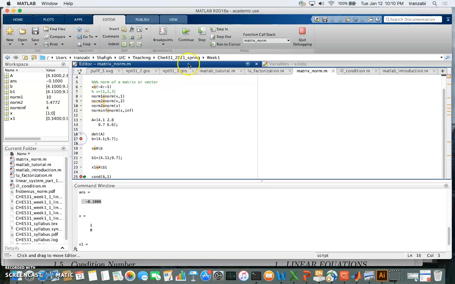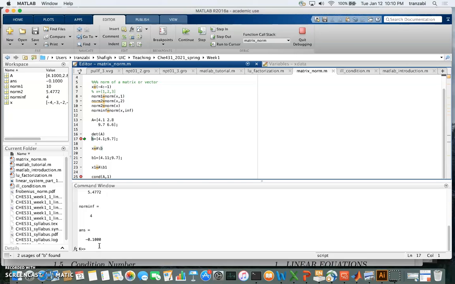Let me just put the breakpoint here and rerun the code. So there you go. The determinant is not even 0. That means the matrix is not singular. It's well behaved. So the question is why a small change in B leads to this large variation in X. Okay, so the determinant is not a good way of measuring the sensitivity of a matrix with respect to perturbation.